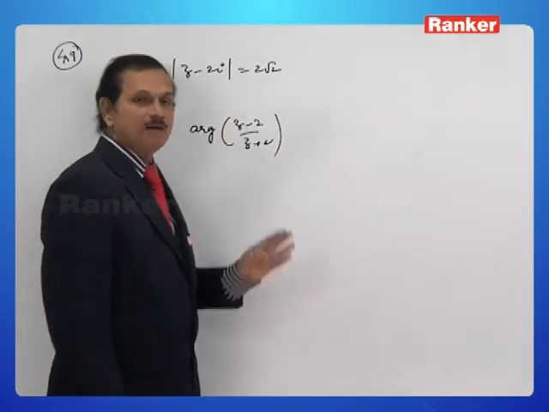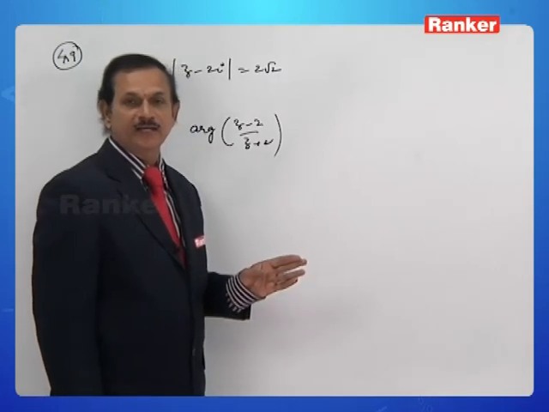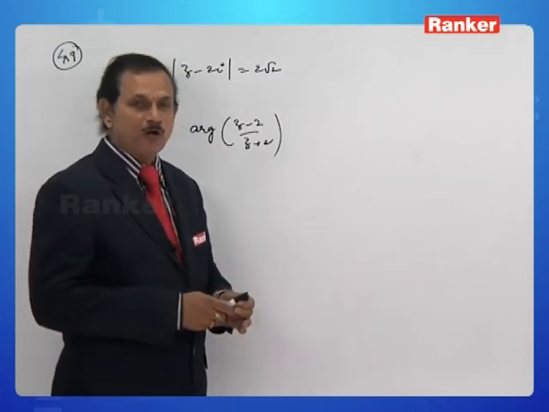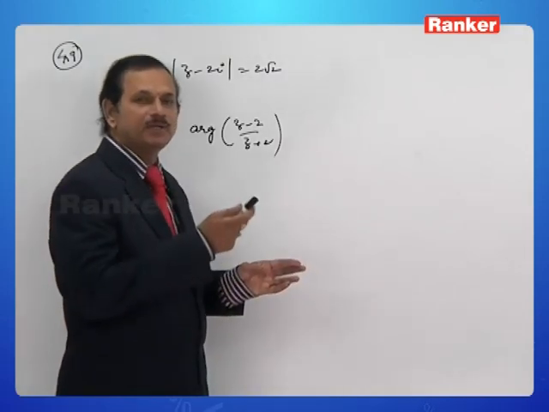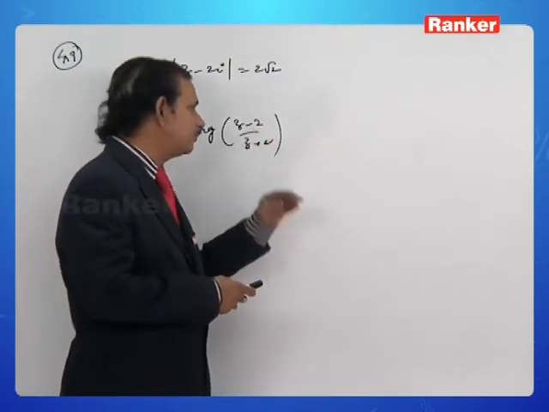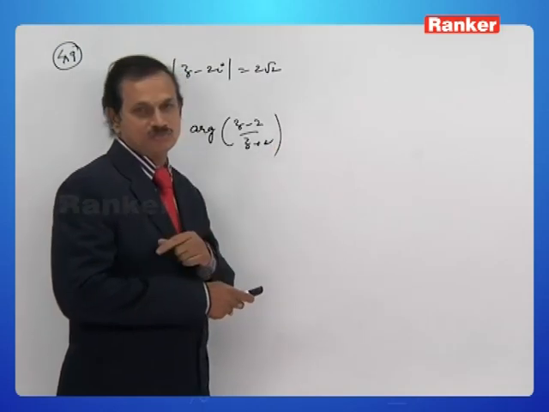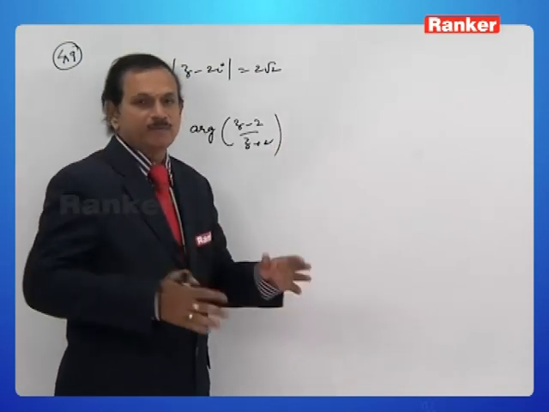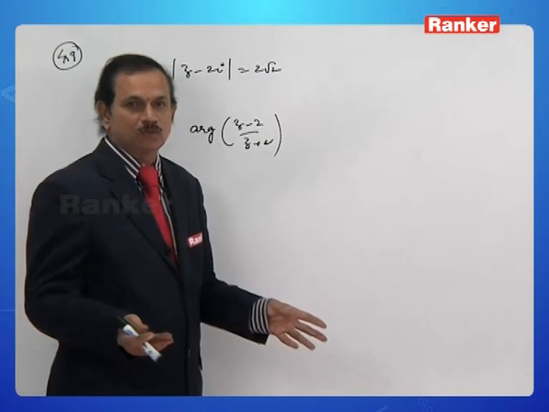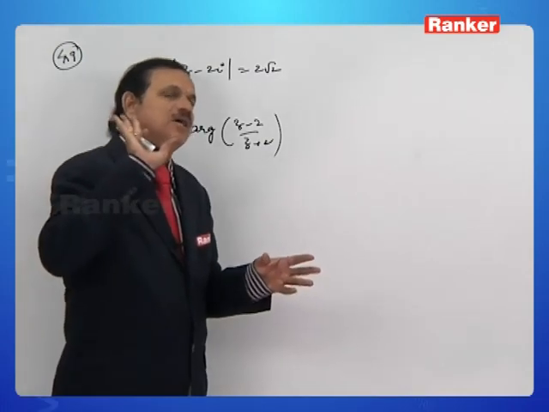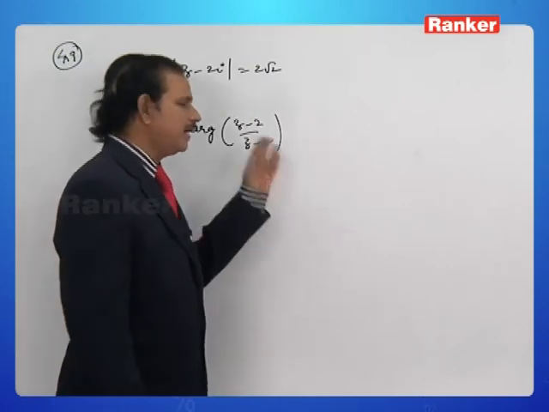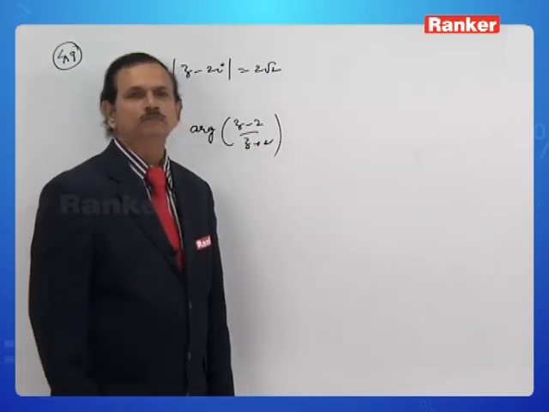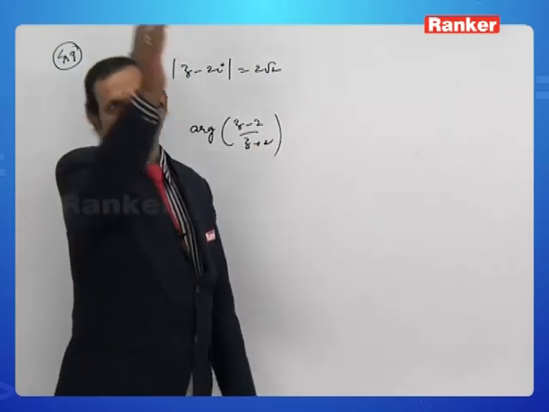If P is the complex number z, then we want the angle between AP and BP, where A is the point (2, 0) and B is the point (-2, 0).